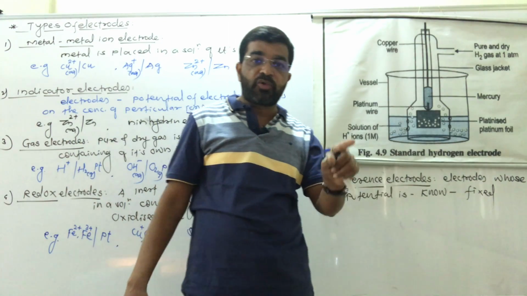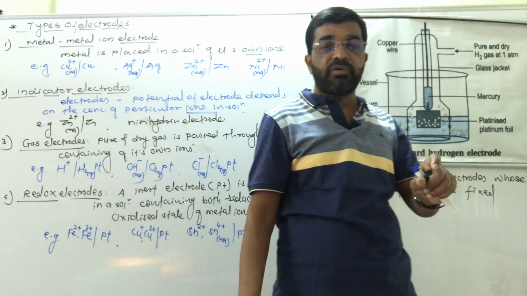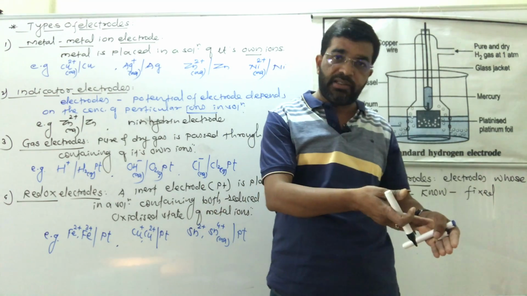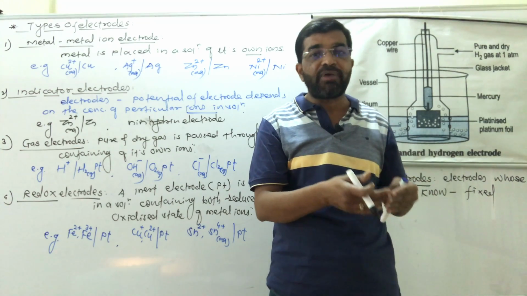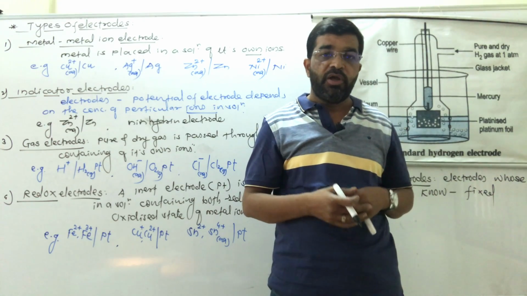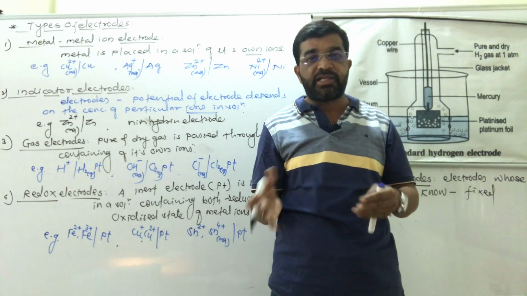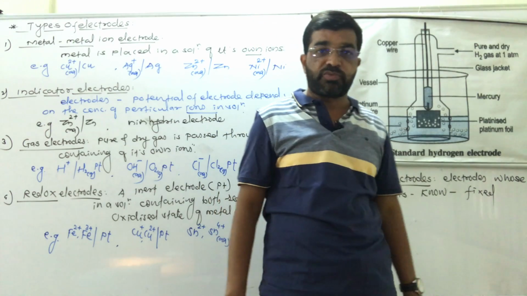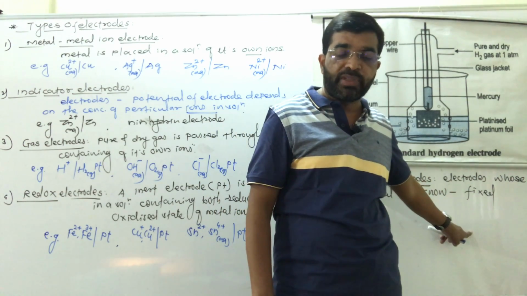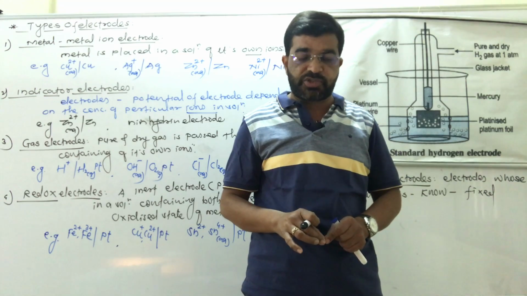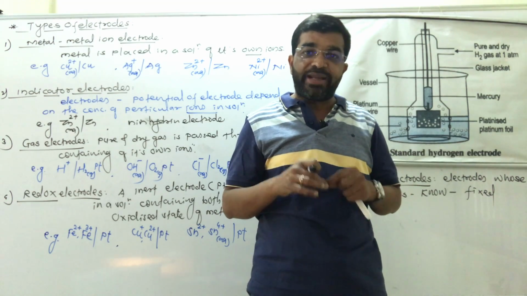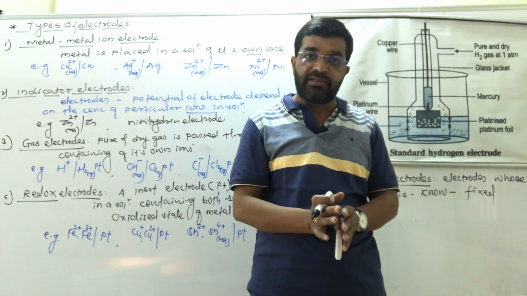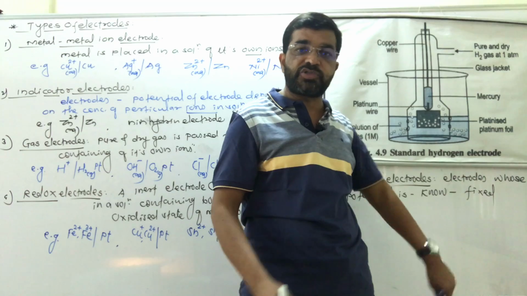Why are these electrodes called reference electrodes? Because these electrodes are used to find the potential of another unknown electrode. The potential of other electrodes is decided by coupling that electrode with these electrodes, because their potential is already known and fixed. Therefore the potential of the other electrode is determined by determining the cell potential of that electrode and this reference electrode.